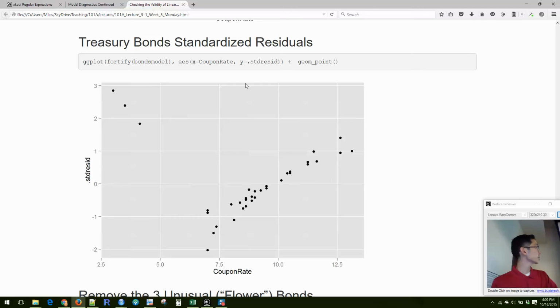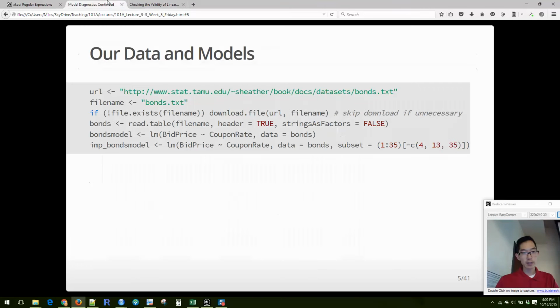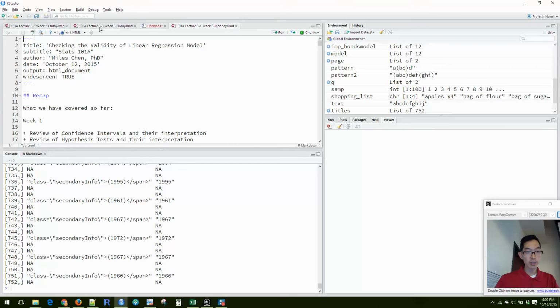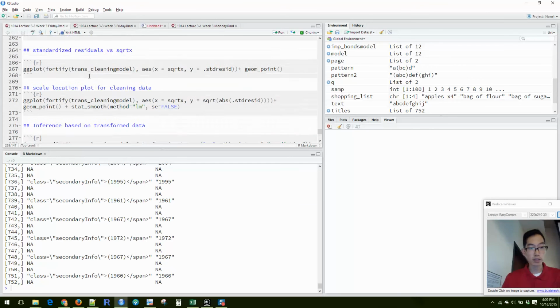Ignore the spread this way, but just looking from the y side, if we were to create a histogram of the standardized residuals, could it be feasible that these are normally distributed? Okay, so let's see if we can actually do this.